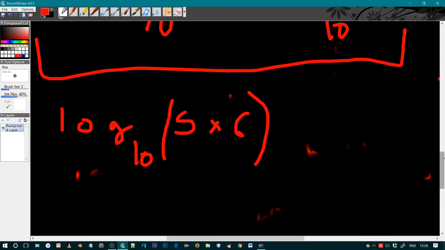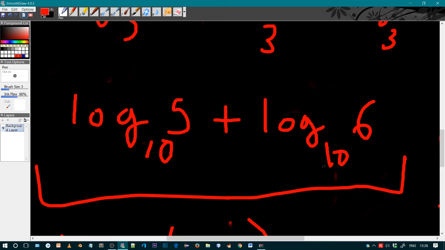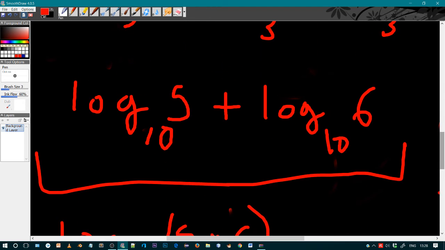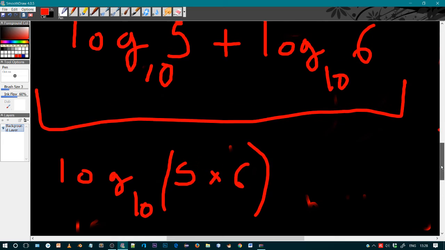So whenever there's a plus sign between two logarithms, the answer which comes here will be just the multiplication of both the answers. So for example, it's log base 10 5 plus log base 10 6. It would be log base 10 of 5 into 6.